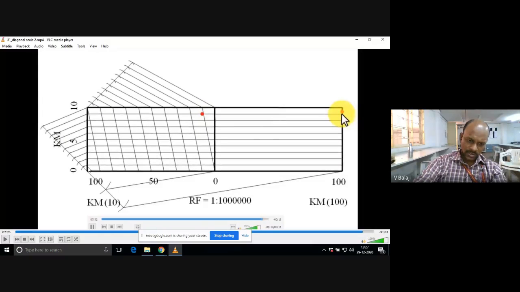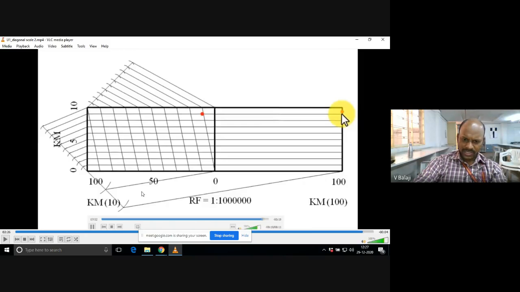That means 0, 1 kilometer, 2 kilometer, 3 kilometer, 4, 5. These are individual kilometers, 1, 2, 3, so a total of 10 kilometers. Each small division I have again divided by taking a suitable height. That is the meaning of this diagonal scale.